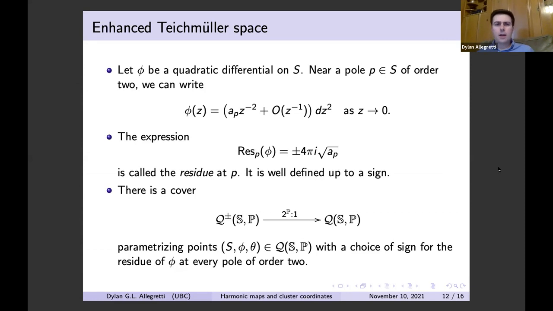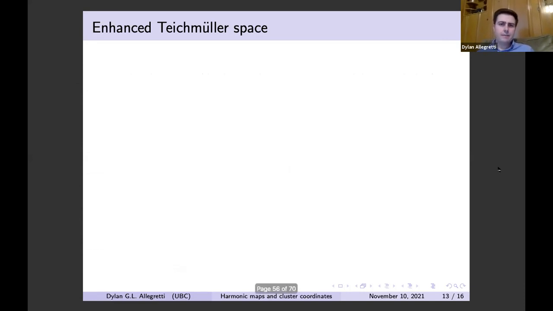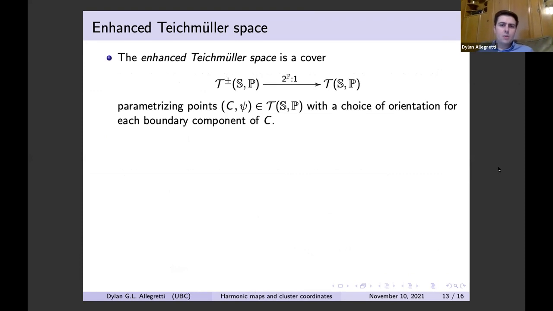And there is a similar cover of the version of Teichmüller space that I defined. So this is what's called the enhanced Teichmüller space in the literature. It's again a finite cover, and it parametrizes points in the Teichmüller space together with a choice of orientation for each boundary component of the hyperbolic surface.